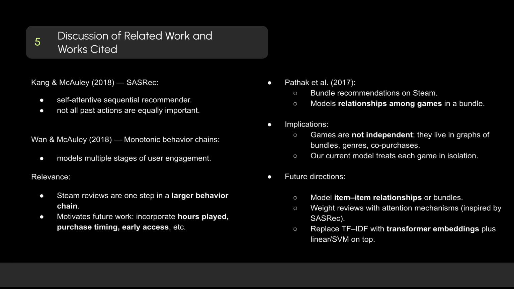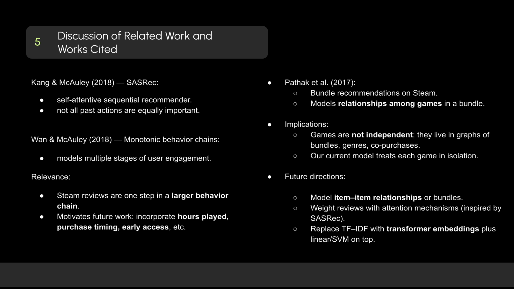And in terms of this other paper about monotonic behavior chains by Wan and McAuley, they basically proposed modeling monotonic behavior chains where different user behaviors represented increasing levels of engagement, and they use this model, ChainRec, to show these structured behavior intensities, especially in these sparse settings.